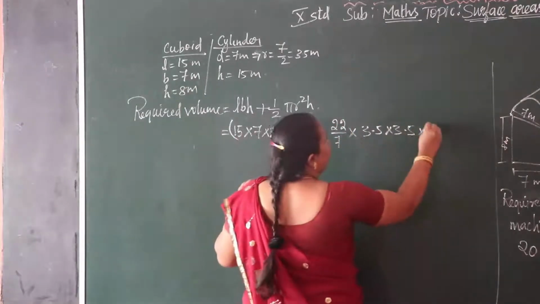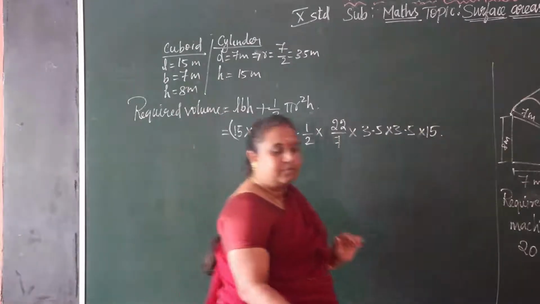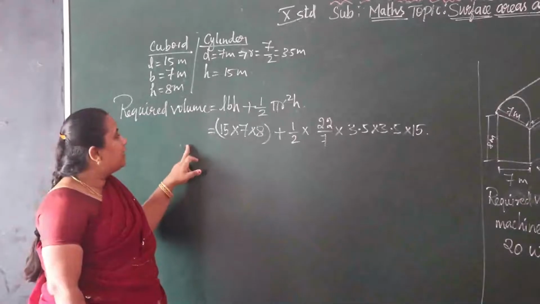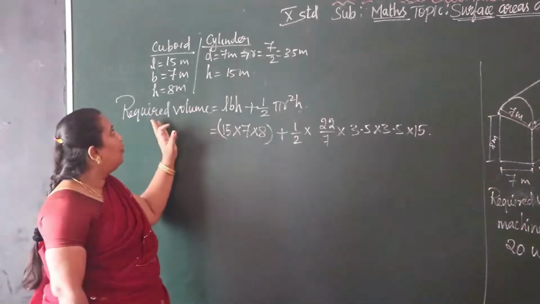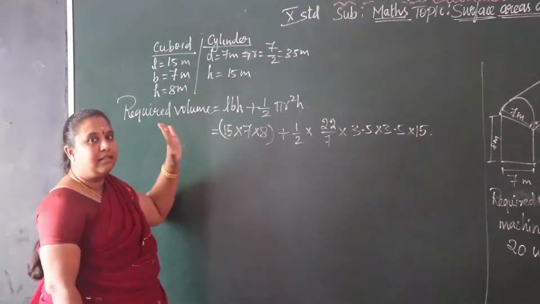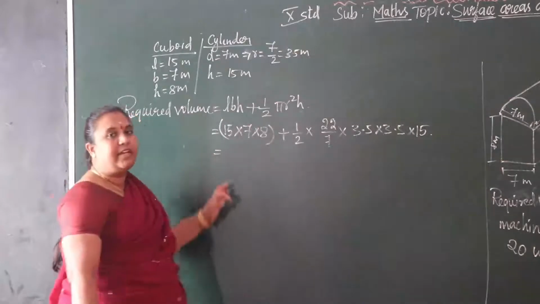What is h here? 15. So this is given. We substitute the values of the cuboid and cylinder into these formulas, and we get like this. Then we have to do the simplification.